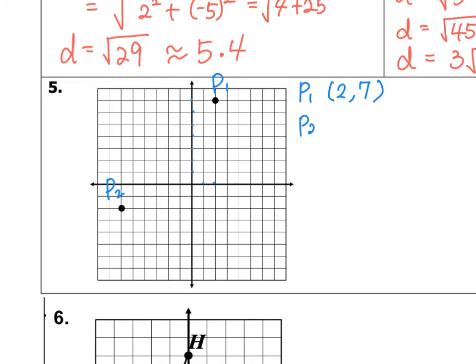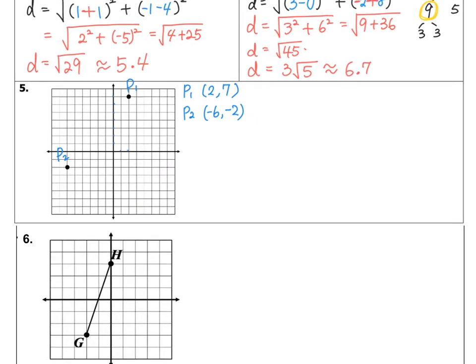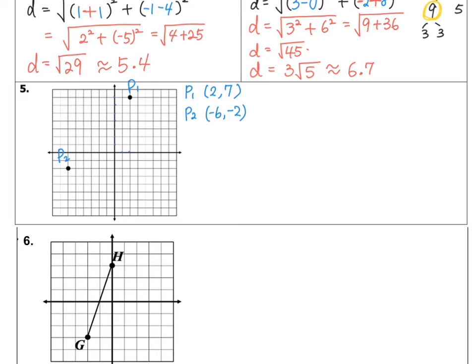And P2 will be on its left side, so it's -6 and -2. So once you find the points, guess what? We're going to put them into the formula.